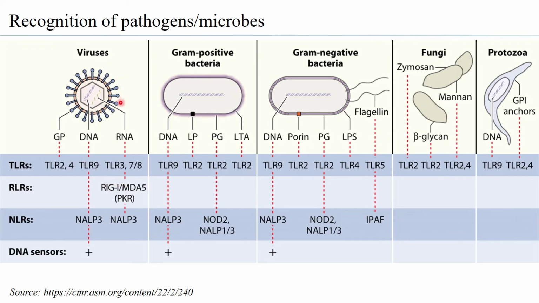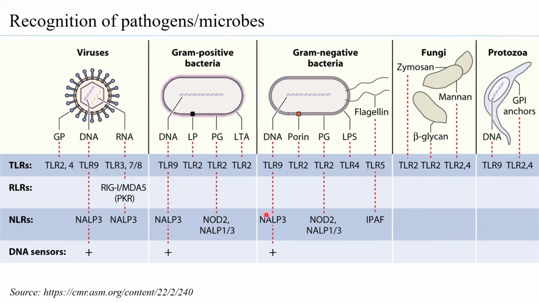So, for example, viruses have glycoproteins on their surface, or their DNA or their RNA can actually interact with the toll-like receptors and activate nod-like receptors and the DNA sensors to give rise to a particular immune response. Gram-positive bacteria can interact again with toll-like receptors through its DNA, its lipoproteins, its peptidoglycan, and its teichoic acid.